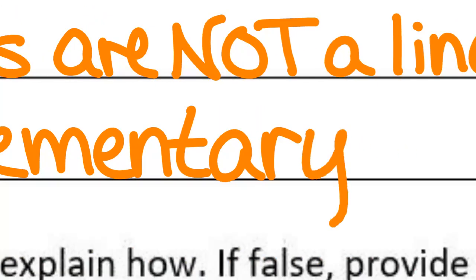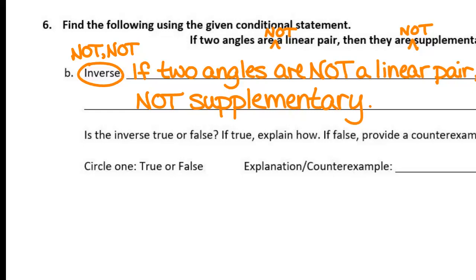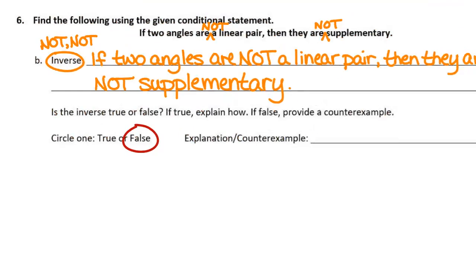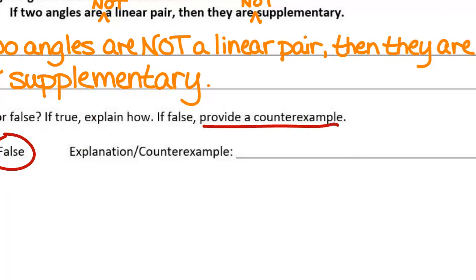And now we have to evaluate whether that is true or false. If I have two angles that do not form a linear pair, does that mean it's impossible for them to be supplementary? No, false. So I have to provide a counterexample.